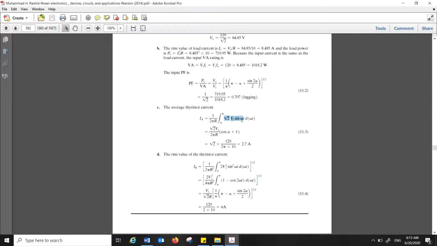We need the average thyristor current, root 2 Vs is the maximum, and we need to put it over here, and just evaluate this.